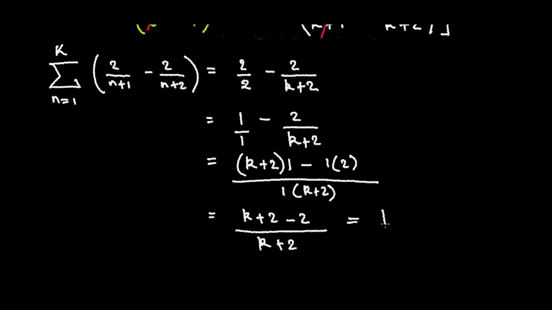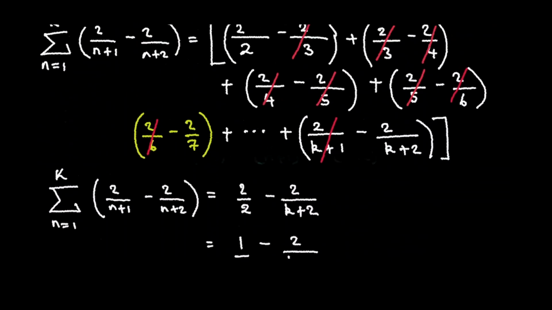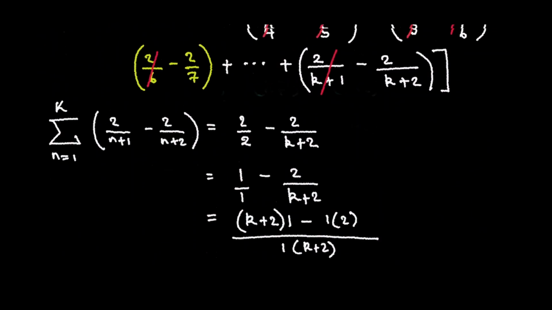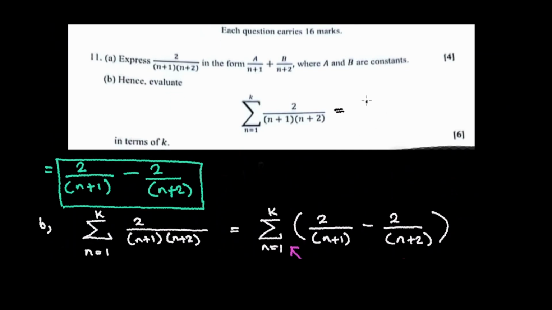This is equal to k over k plus 2, since 2 minus 2 is 0. So this is our final answer. Going back to our question, which says hence evaluate that in terms of k, we simply come to where we rewrote it: this is equal to k over k plus 2. We have got 6 marks.